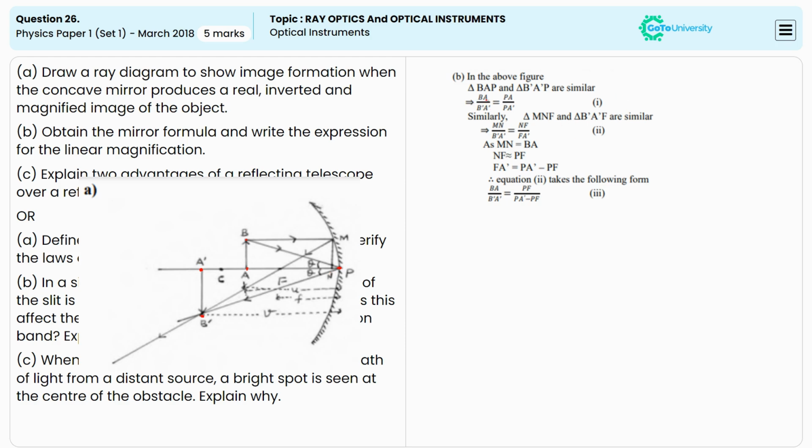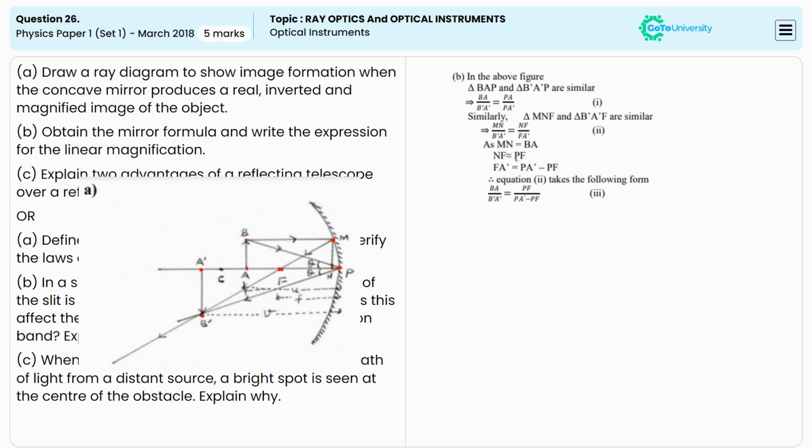Therefore, we can write BA divided by B'A' is equal to PA divided by PA'. Similarly, observing triangle MNF and triangle B'A'F, these two triangles are similar, then we can write MN divided by B'A' is equal to NF divided by FA'.